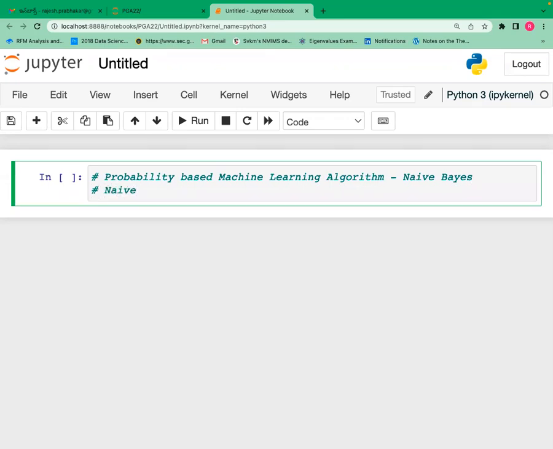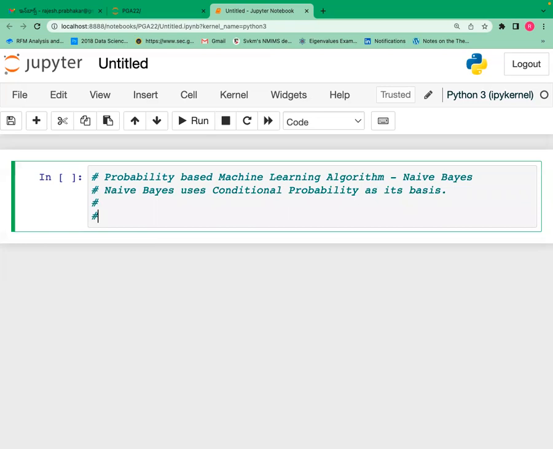Naive Bayes uses conditional probability as its basis. So it's a probability-based algorithm that uses conditional probability as its basis.